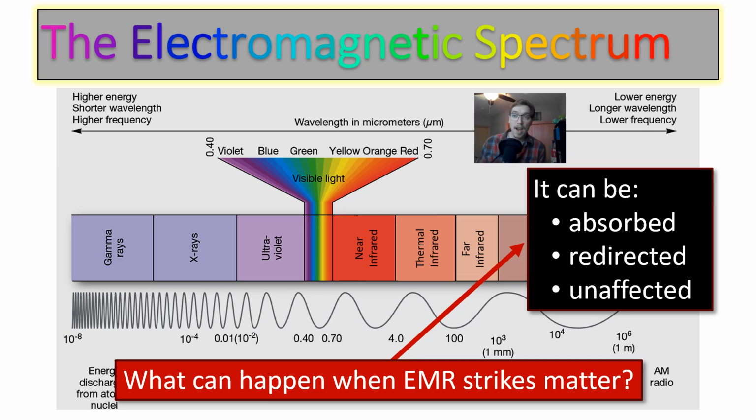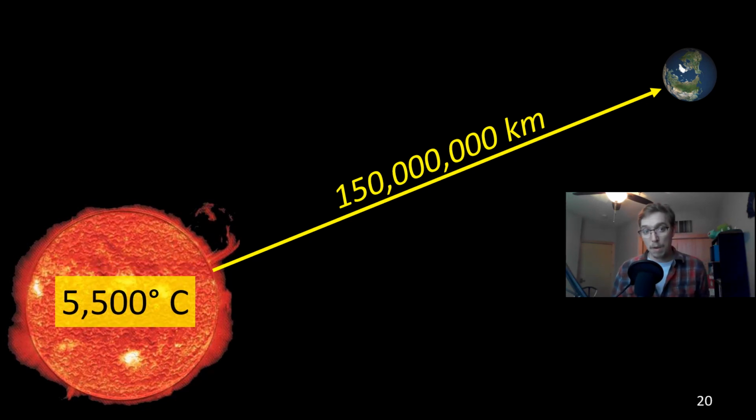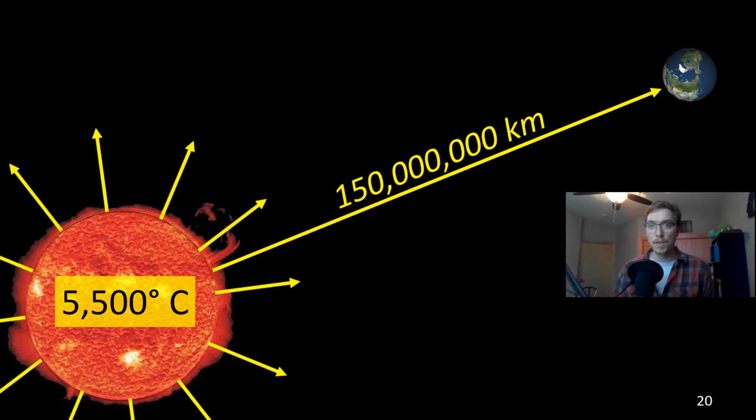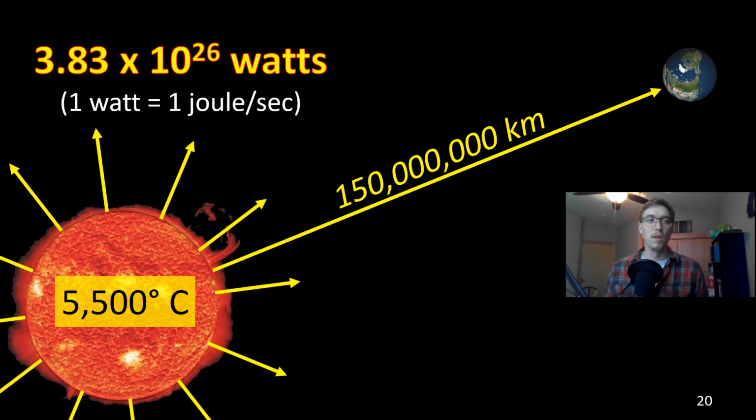So if we're looking at the energy coming into our planet from the sun, which is about 5,500 degrees Celsius at its surface, emitting in all directions, that's a pretty substantial amount of energy coming in. So we've got 3.83 times 10 to the 26th watts of energy that are being emitted from the sun here, for example. 1 watt is equal to 1 joule per second.